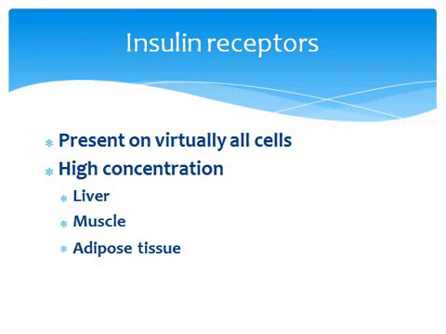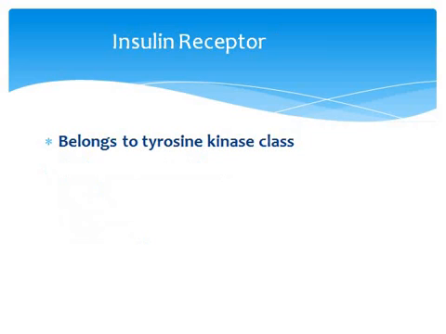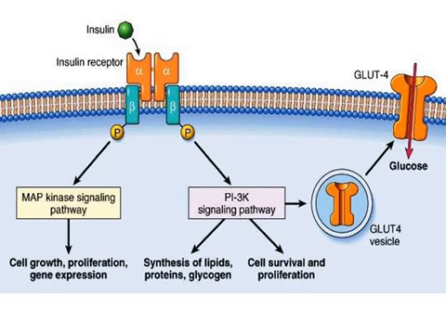Receptors are present on virtually all cells, with high concentration in liver, muscle and adipose tissue. Insulin receptor belongs to the tyrosine kinase class, as we already saw in the introduction. Here we can see the action of insulin receptors.